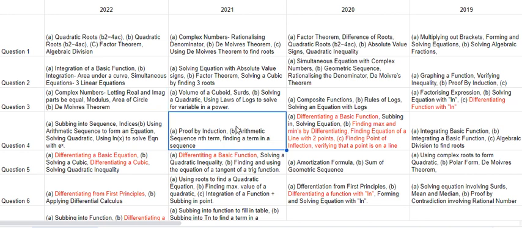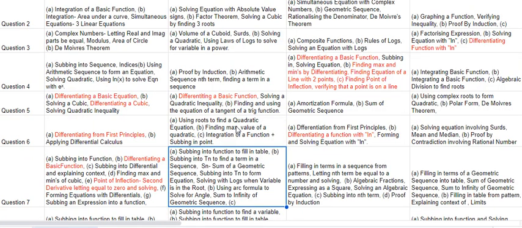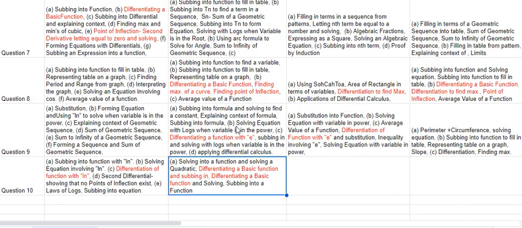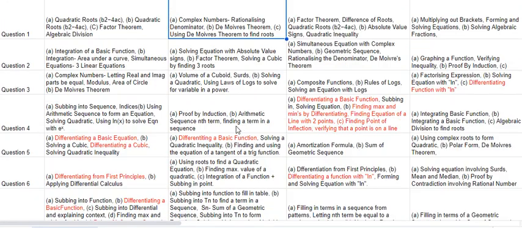But in red there, I've highlighted everywhere that differentiation is coming up. If you look at 2022 alone, it's coming up in question 5 and question 6 and question 7 and a little bit in question 10 as well. So every year it's coming up multiple times there, you see.